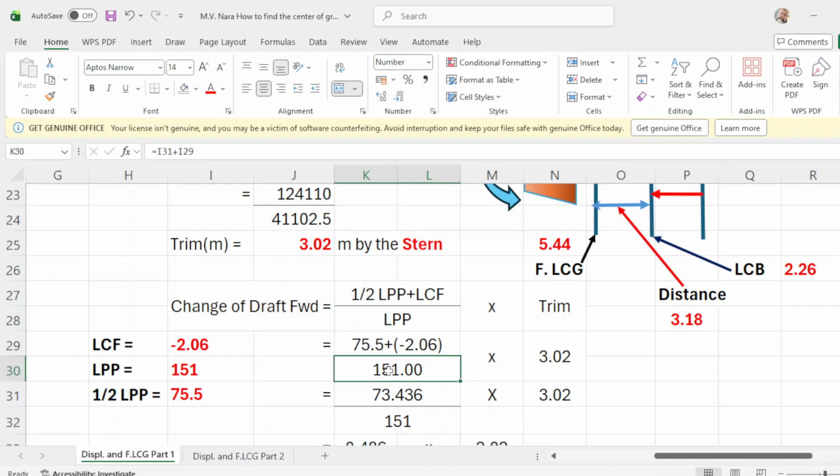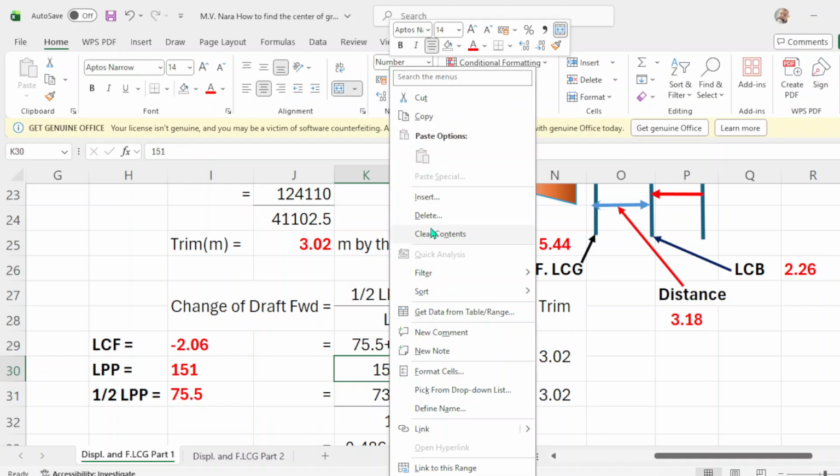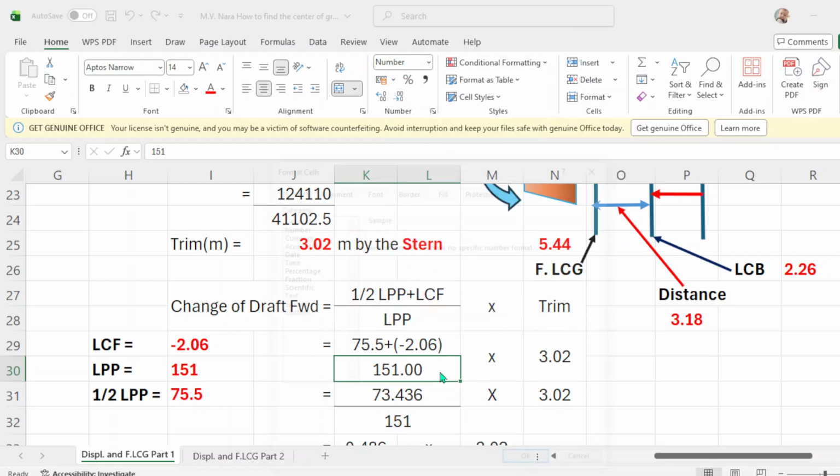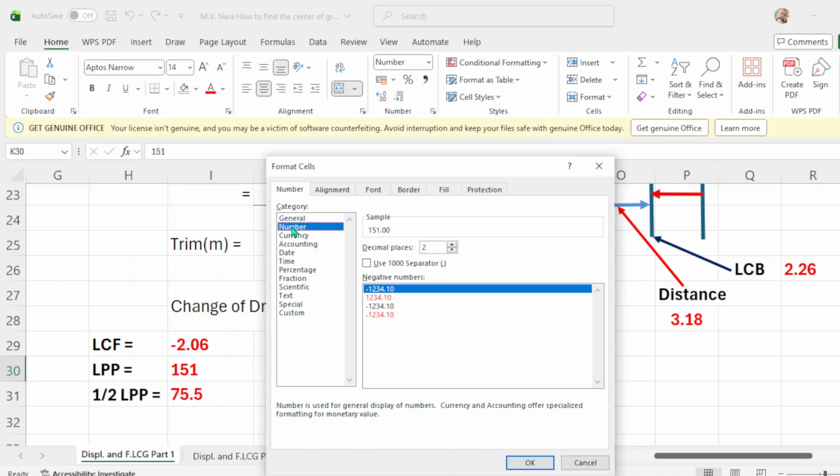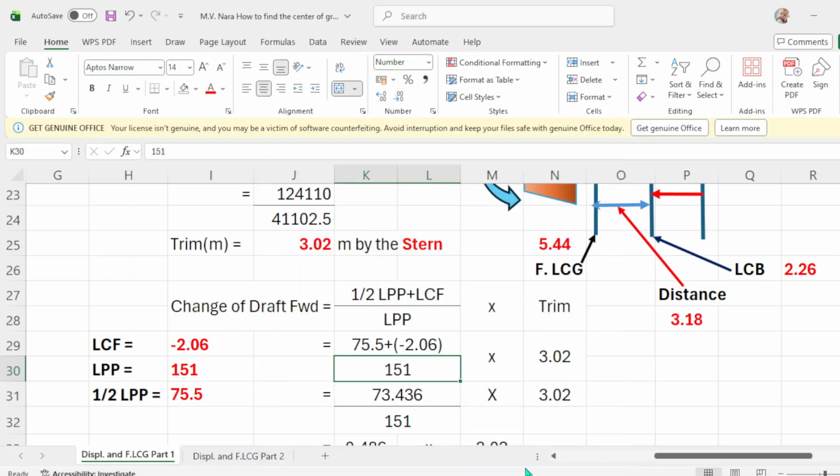Okay, that will be 151, your LPP. So add this one, you will have a value of 73.46 over LPP of 151 times your trim of 3.02.